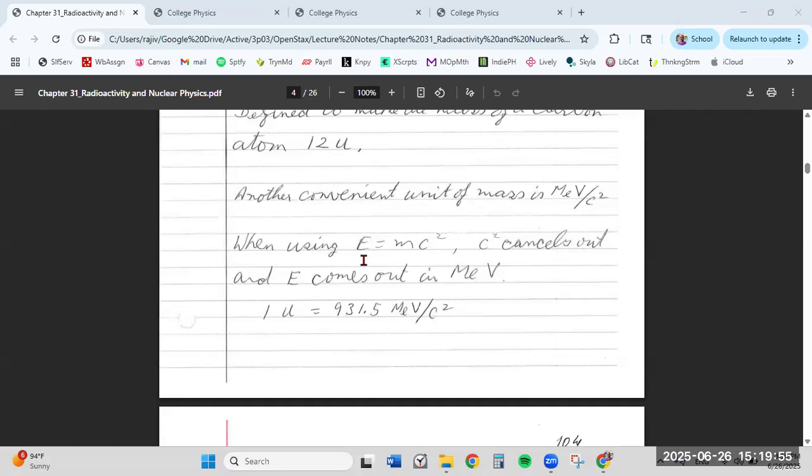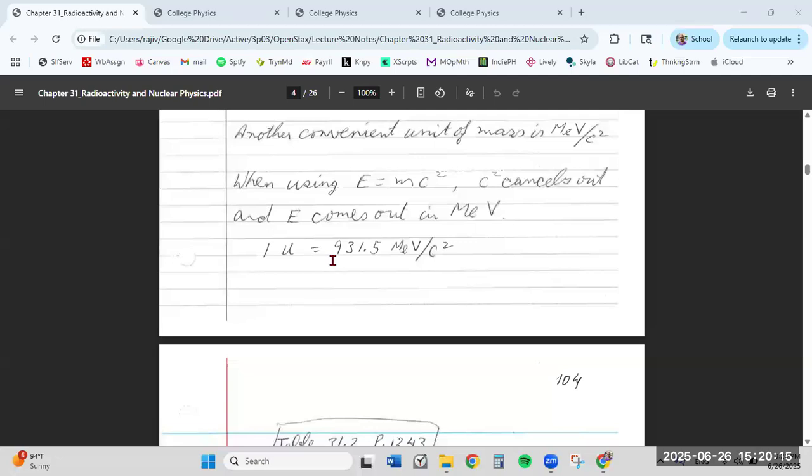As I said, typical energy in nuclear physics that we encounter is in the range of MeV. So that's a convenient unit for mass here. The conversion factor between the atomic mass unit and MeV per c squared is 1 u equals 931.5 MeV per c squared.